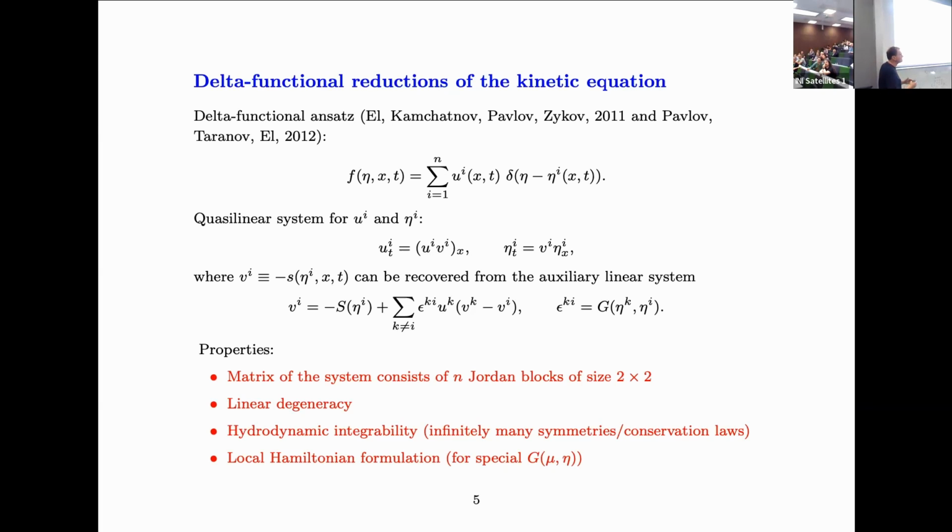This means it possesses infinitely many hydrodynamic type conservation laws and commuting flows, depending on the necessary number of arbitrary functions. In fact, instead of writing all these conservation laws and commuting flows, which become messy as n grows, I will write its general solution. And its general solution is quite simple and works for any n, right? And then it turns out that this system possesses a local Hamiltonian formulation for this special kernel that I characterized on the previous slide.